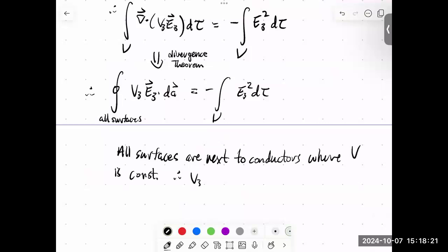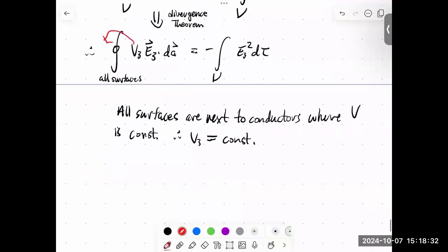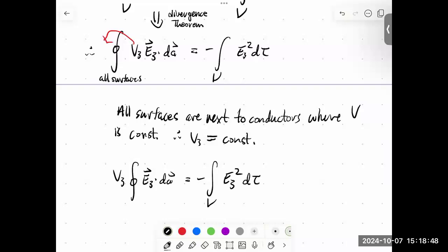Therefore, V3, whatever it is, is equal to a constant, and that means I can take it outside the integral. And so what we're left with is V3 times the integral of E3 dot dA is equal to minus this volume integral of E3 squared d tau.